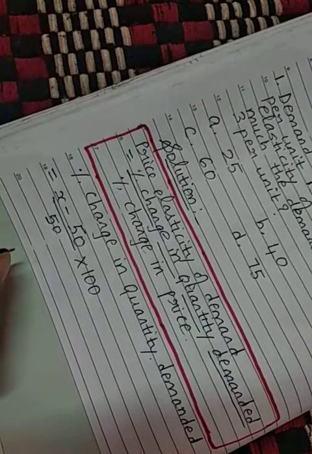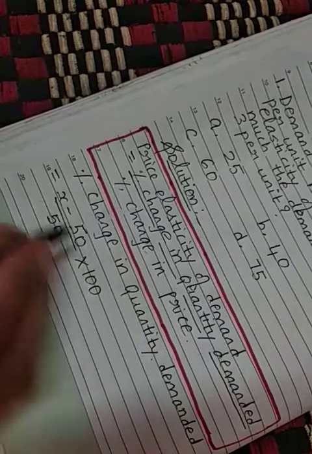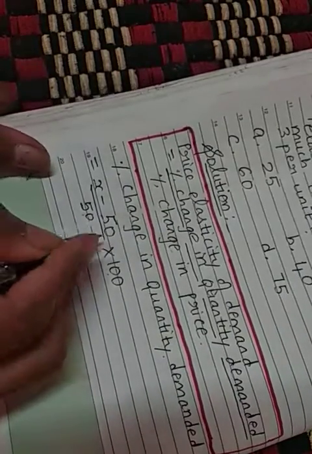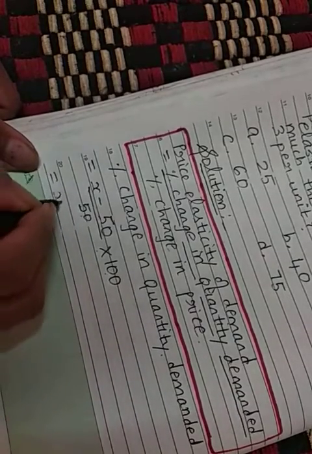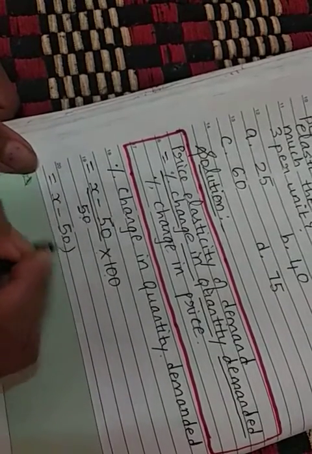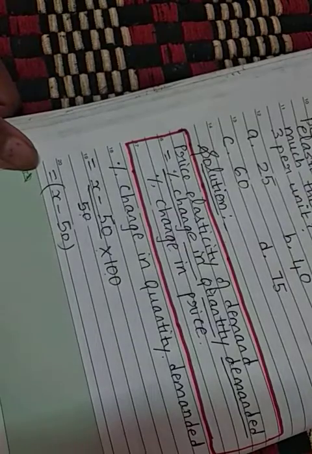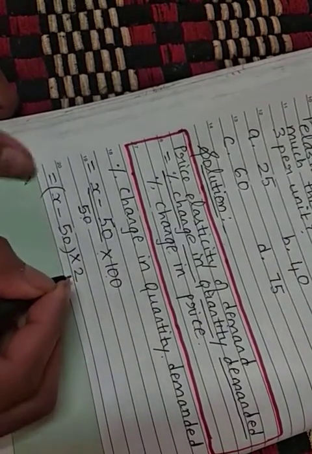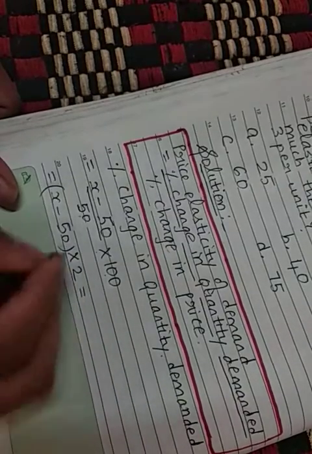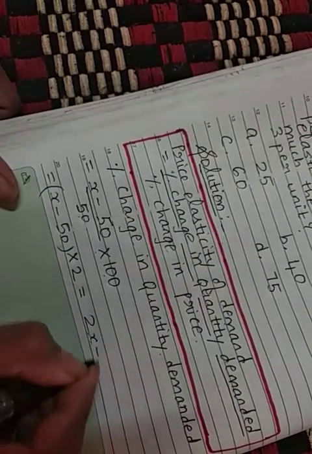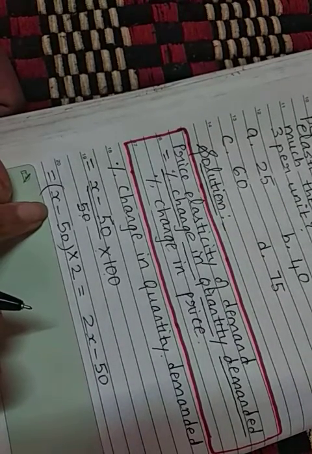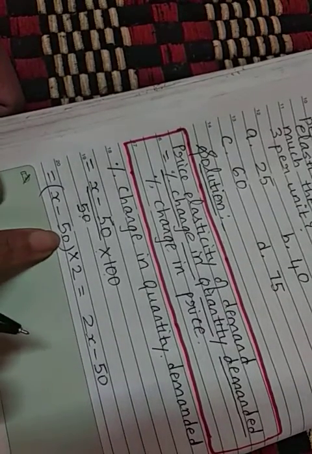So now just see here. x minus 50 divided by 50 multiplied by 100 will be equal to x minus 50 multiplied by 2, which is equal to 2x minus 50.